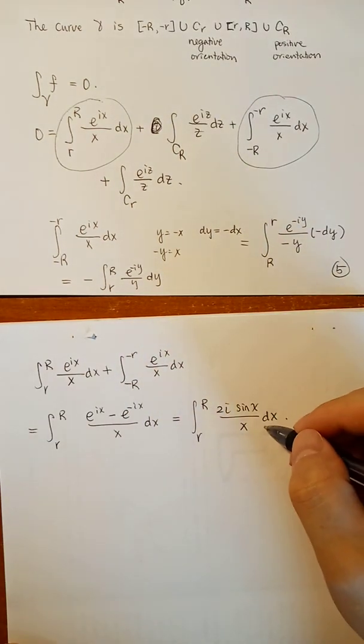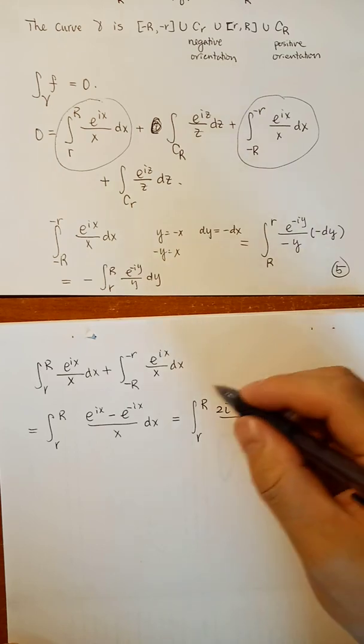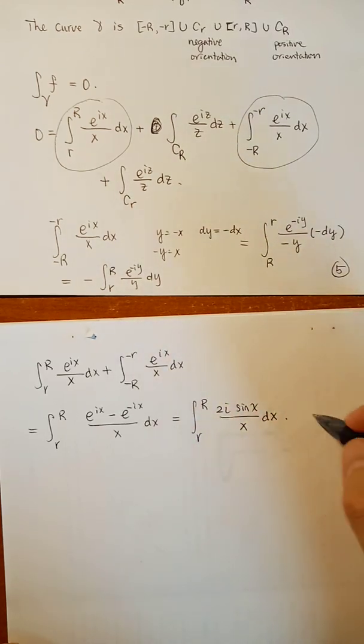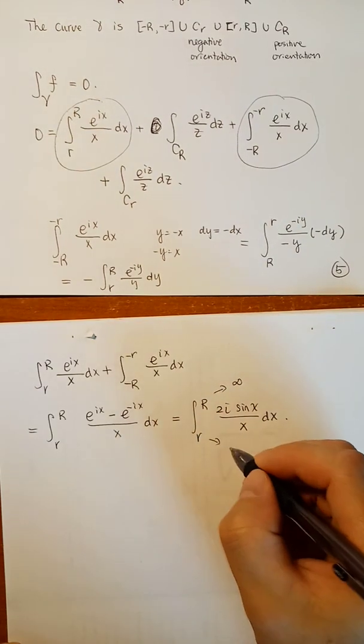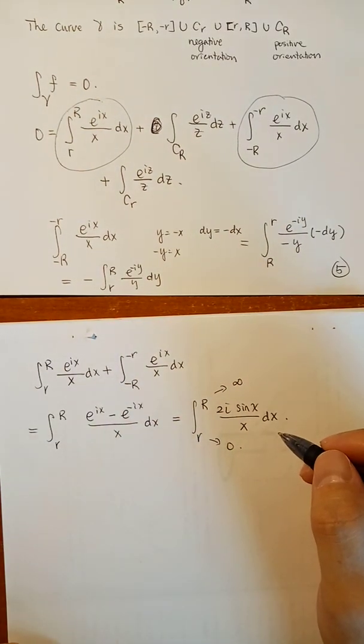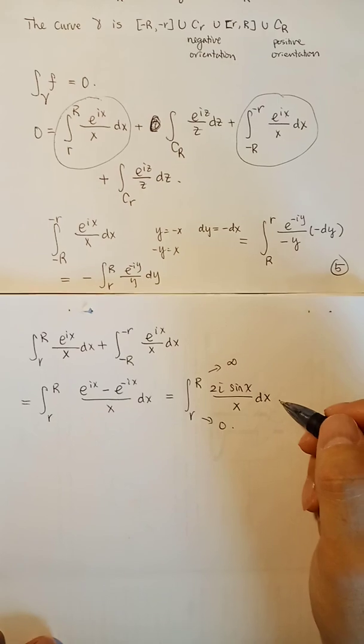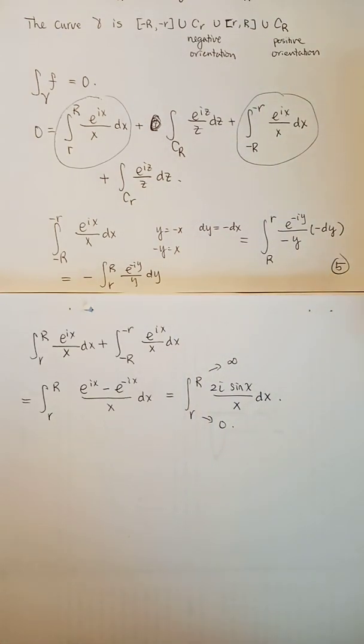Right? So that is the way to get it. And later we will see it. Naturally, we will let capital R approach infinity and little r approach 0.